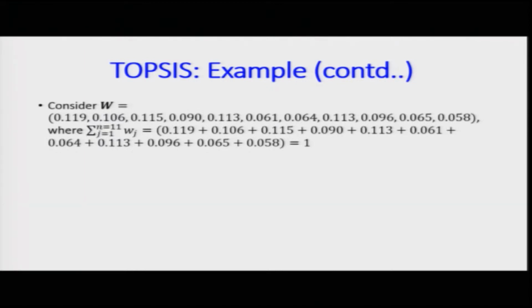I am only reading two places of decimal: 0.11, 0.10, which is about 11%, 10%, the third one again 11%, the fourth one 9%, 11%, 6%, 6%, 11%, 9%, 6%, 5%. That means these are the weightages of each and every criterion amongst themselves. Double check, the sum should be 1 as it is.